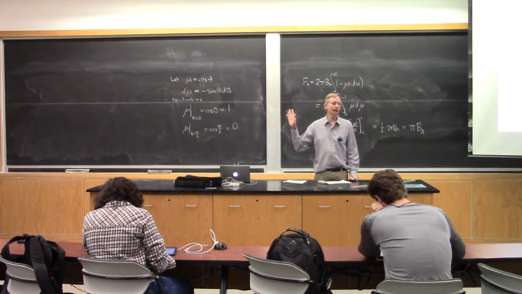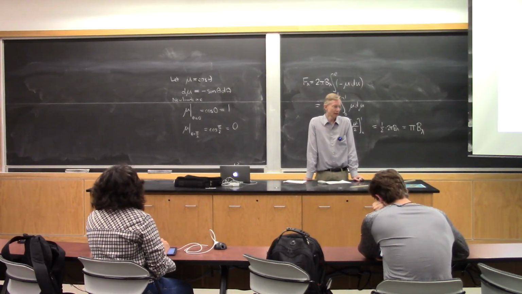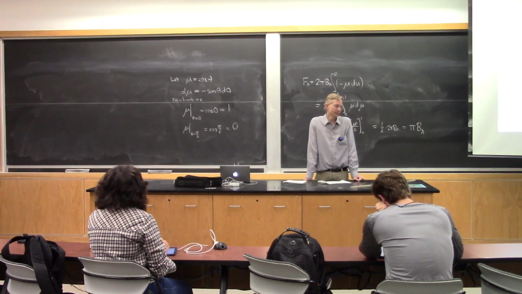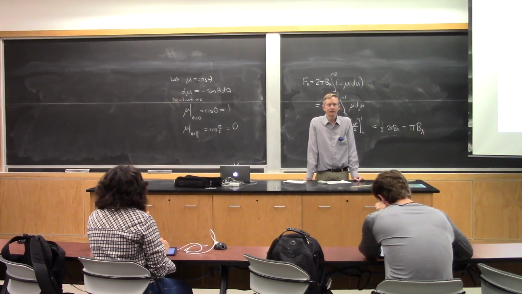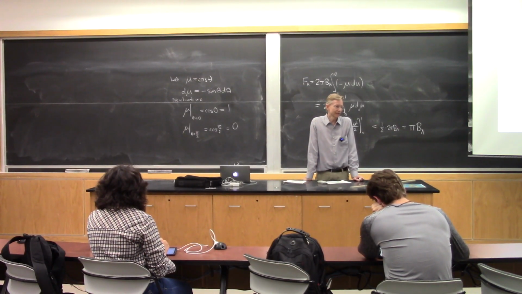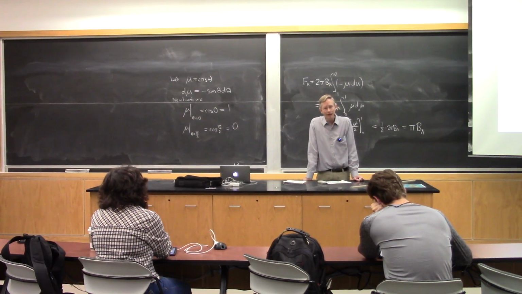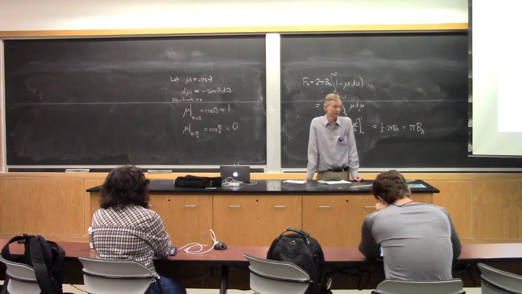There's nothing stopping us from doing that, other than mu equals cosine theta is a very standard definition because it turns out to be more useful in other contexts than mu equals sine theta. We'll see situations where mu squared will show up instead of just mu and stuff like that. So later on we'll see why mu equals cosine theta is convenient for a wider range of contexts. Because we'll see other integrals where it's cosine squared theta that's showing up, and so on and so forth.